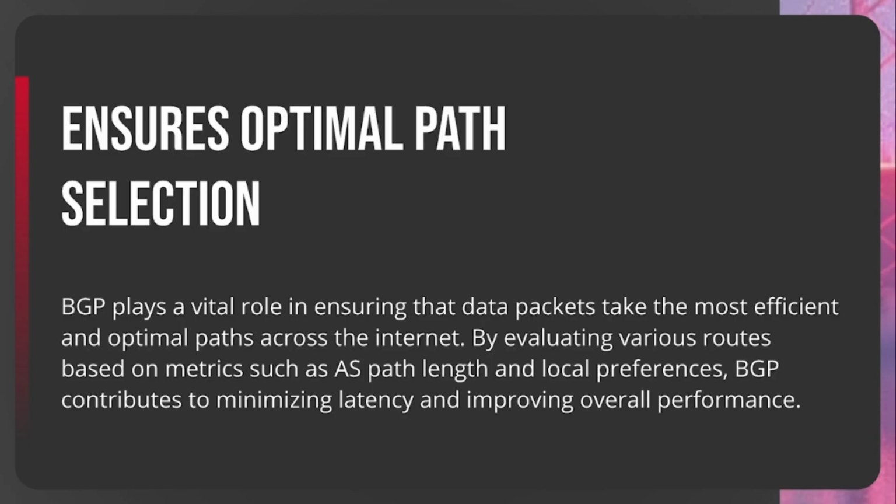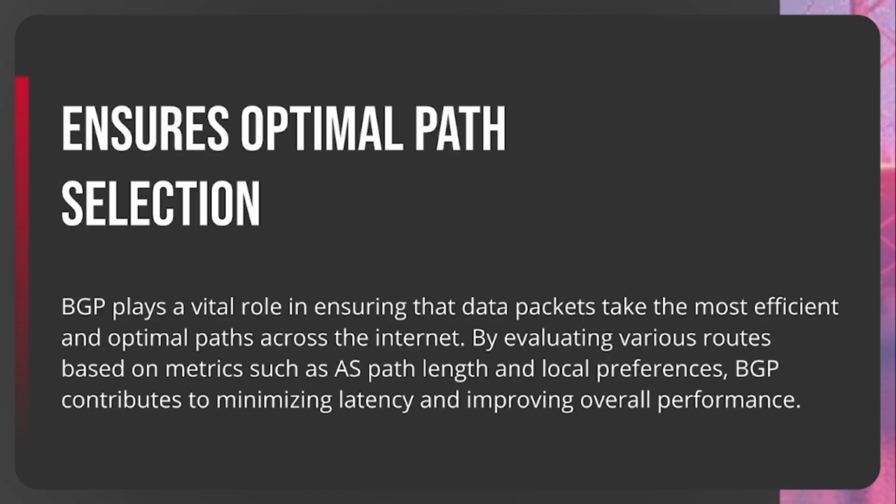Secondly, it ensures optimal path selection. BGP plays a vital role in ensuring that data packets take the most efficient and optimal paths, and you can evaluate various routes based on different metrics. BGP doesn't have only one metric like EIGRP has bandwidth and OSPF has cost.